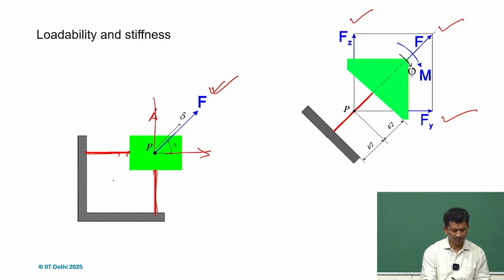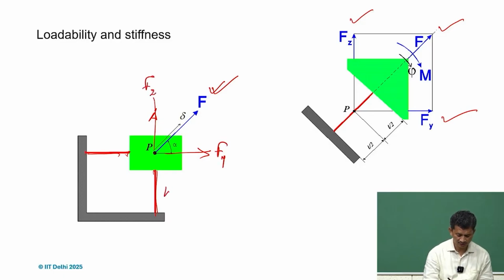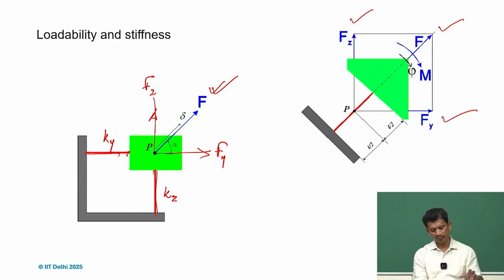What happens if these two are identical? So we are saying Fy and we are calling it Fz. So call them Kz and Ky. So the bending stiffness is way lower than the axial stiffness here.